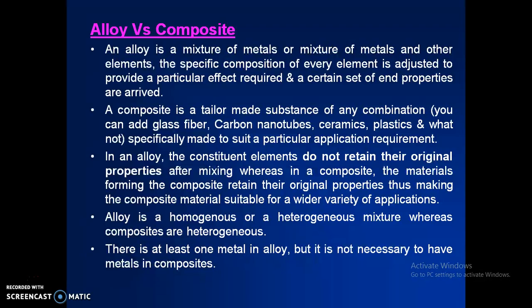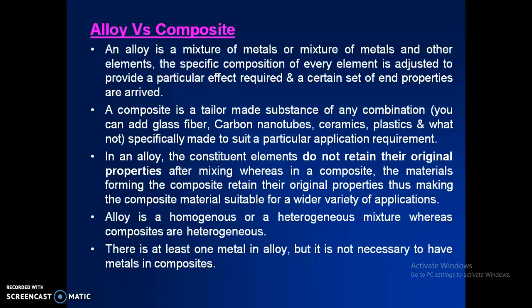In an alloy, the constituent elements do not retain their original properties after mixing, whereas in a composite, the materials forming the composite retain their original properties, thus making the composite suitable for a wide variety of applications.